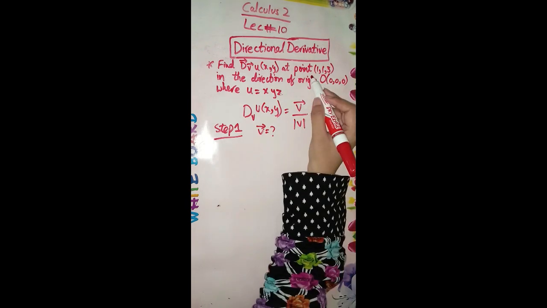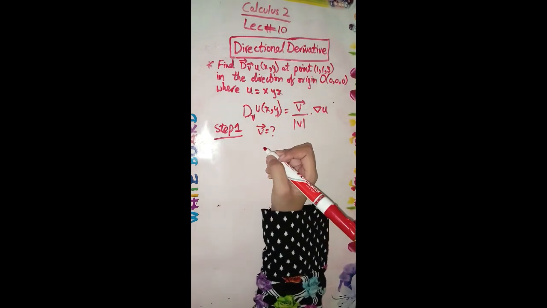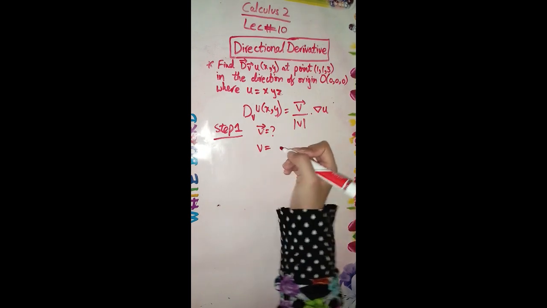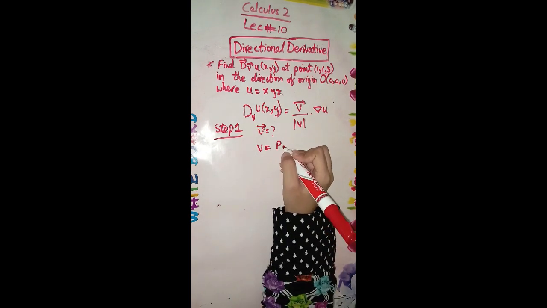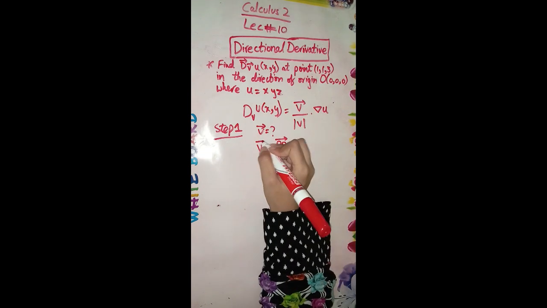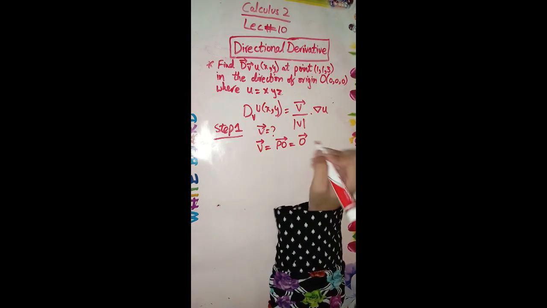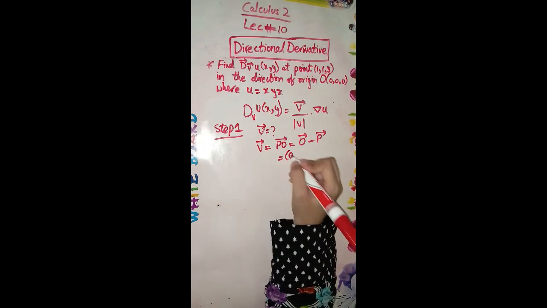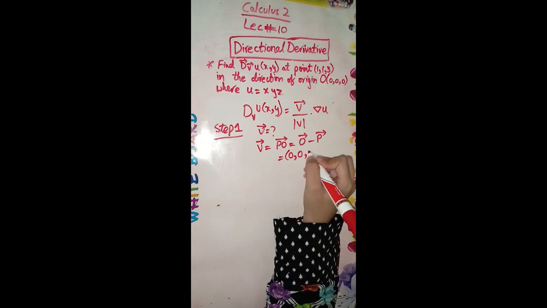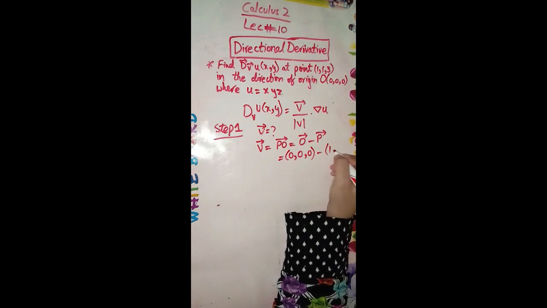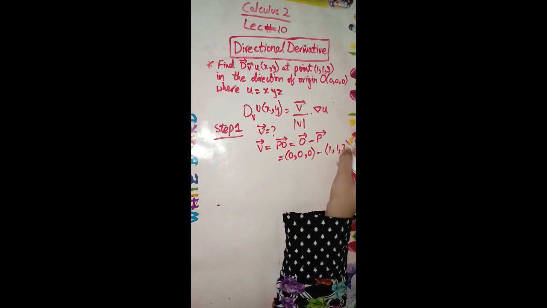So we have the point, we have the origin. To find the vector, v is equal to the origin minus the point. First we will write the values of the origin, (0, 0, 0), minus (1, 1, 3).